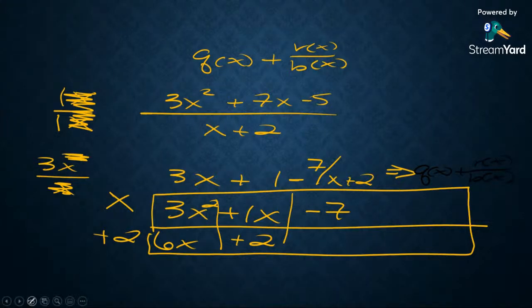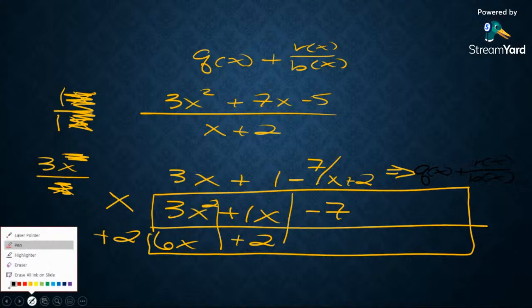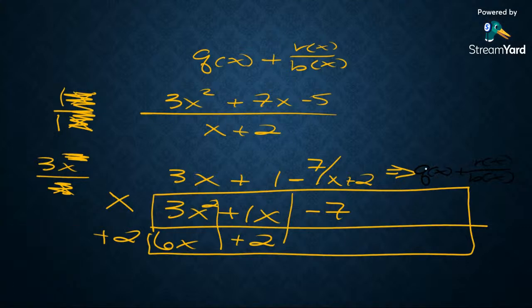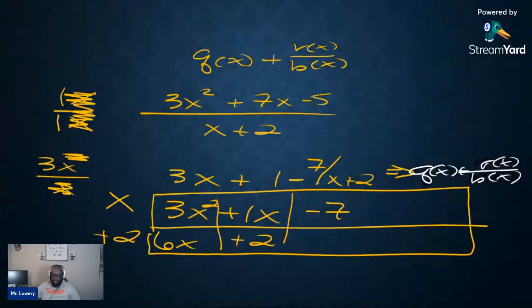For us regarding division, nothing really changed until the very end. So instead of just saying remainder -7, we say -7 over what we've been dividing by. So when we look at this, this is our answer.